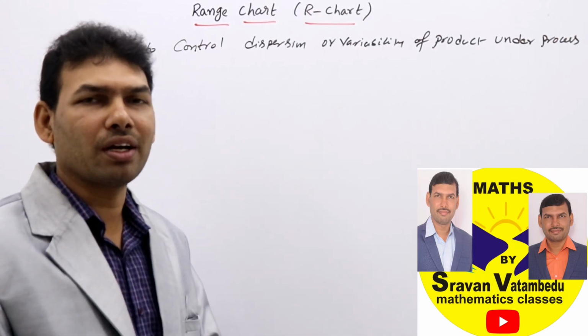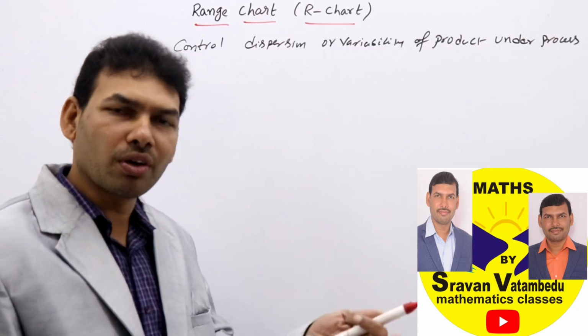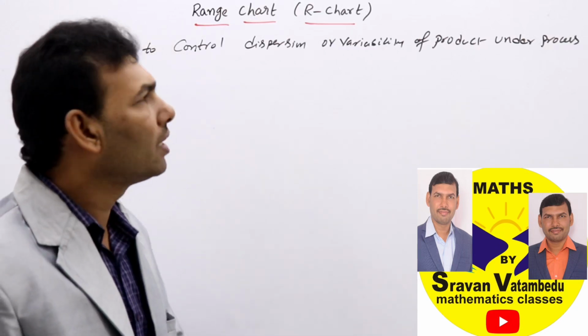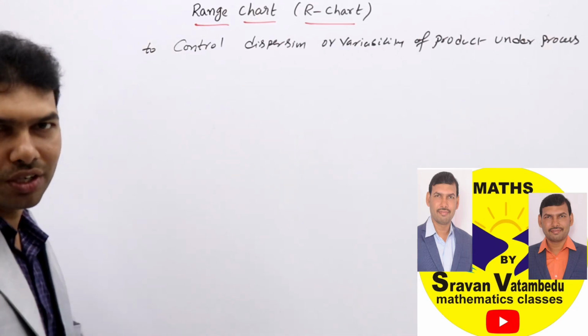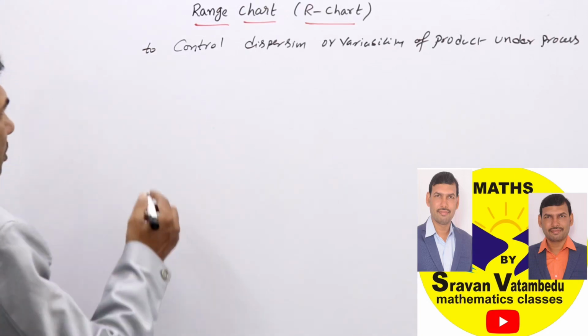To detect that, whether the process is under control or out of control, we draw a range chart. How to draw this range chart?